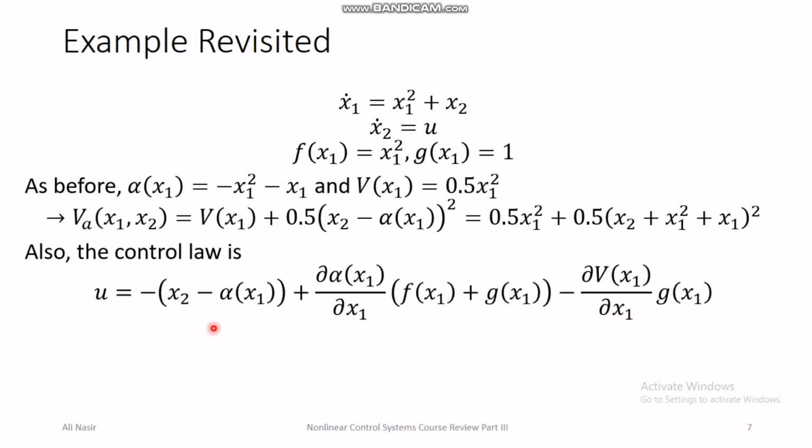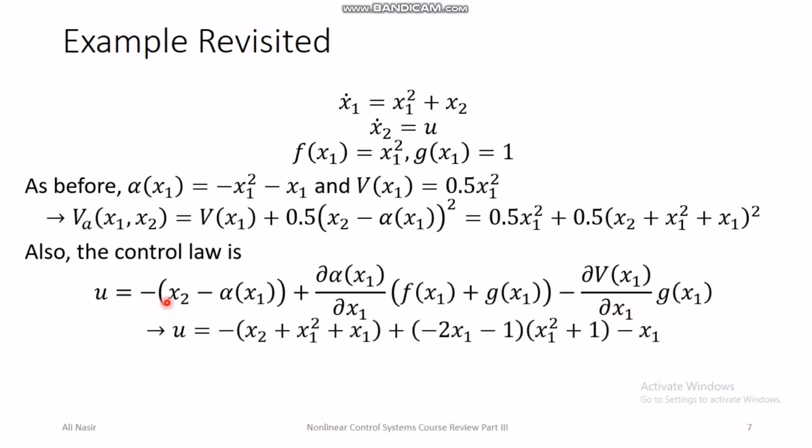The control law from the lemma is given by this equation. If we substitute x2 minus alpha of x, and partial alpha by partial x1, that will be minus 2x1 minus 1, multiplied by f of x plus g of x, minus partial V by partial x1, that will be x1 itself, and g of x is 1, so partial V by partial x times g of x1 is simply x1.